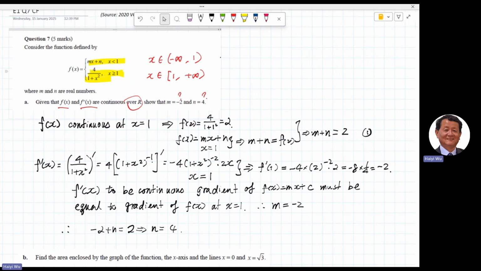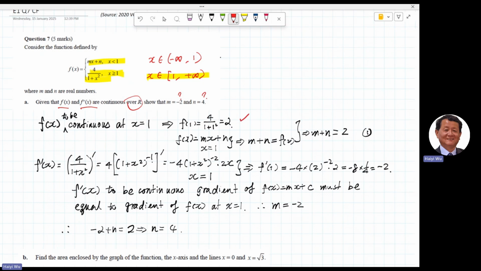Let's do the first f(x) first. For f(x) to be continuous at x equal to 1, x equal to 1 belongs to the second domain, so we substitute into equation number 2. The answer will be f(1) is 2.